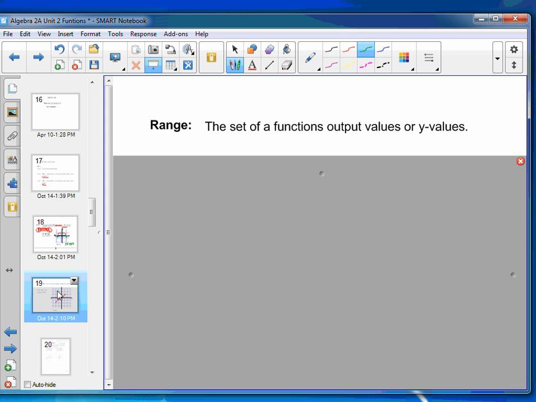All right, let's go to range. The range is a set of a function's output values, or y values. So if the domain's the input, the range is the output.